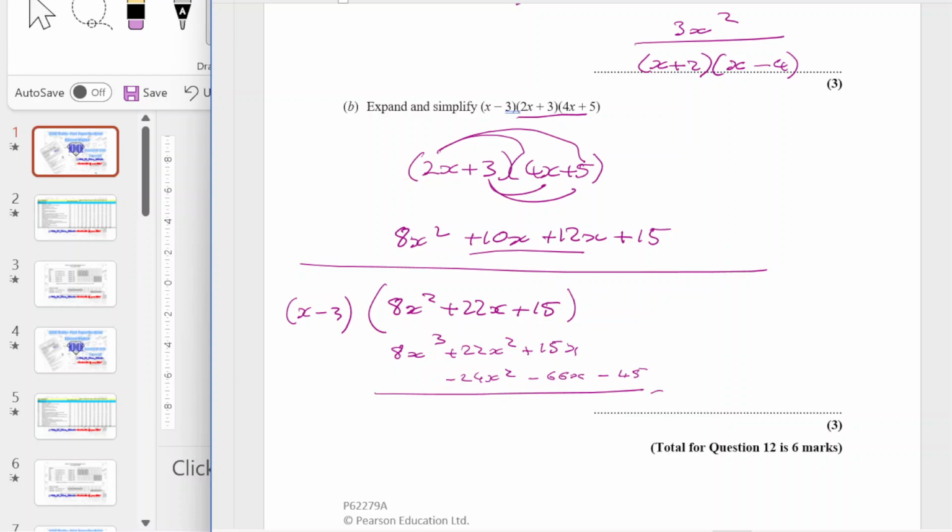So I'm going to be left with 8x cubed minus 2x squared minus 51x and then minus 45. I find lining it up like that useful, but that's my preference.